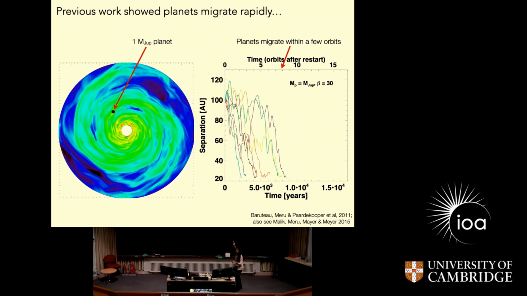Ultimately, you see some stochasticity. The planets will be kicked outwards, they'll move inwards, but generally they migrate inwards very, very rapidly. That's the take-home message with this work.